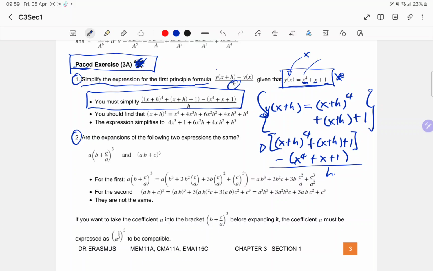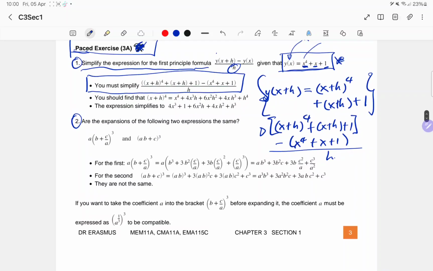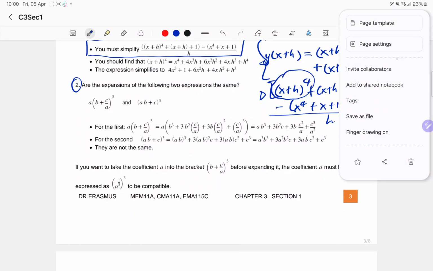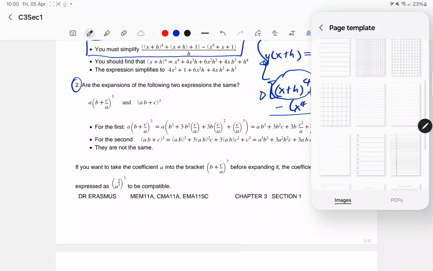Now the second step is just algebra, simplifying. You should first simplify your first term on your numerator. As you can see, you have x plus h to the power 4. You should have something that looks like this. We'll put a template.